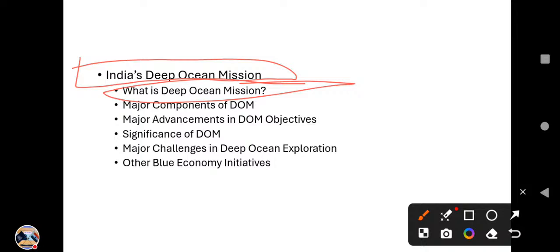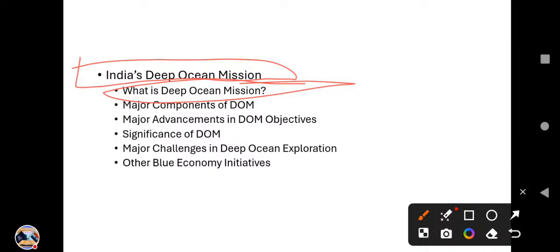So what is the aim of the blue economy? The blue economy aims to sustainably utilize ocean resources for economic growth, livelihood improvement, job creation, and the health of ocean ecosystems. So this is the aim of the blue economy, to sustainably utilize ocean resources.